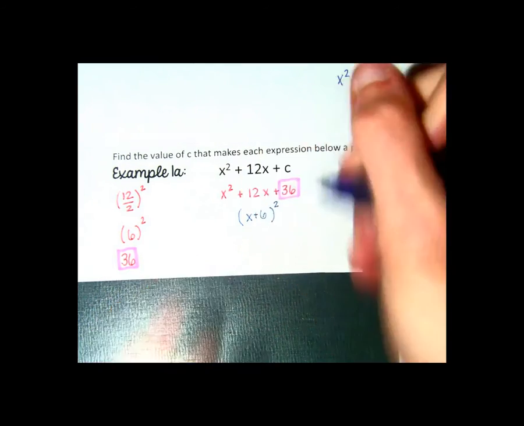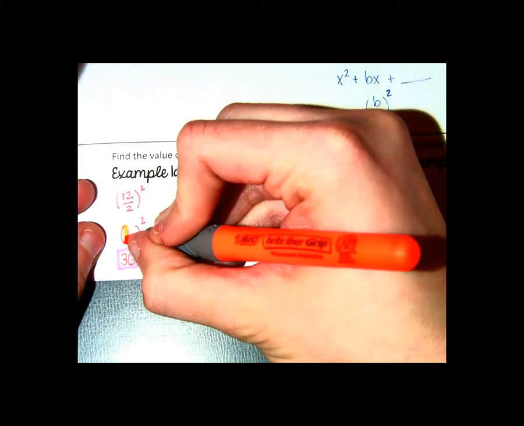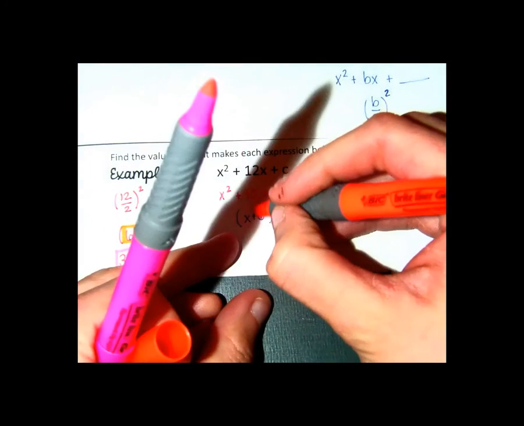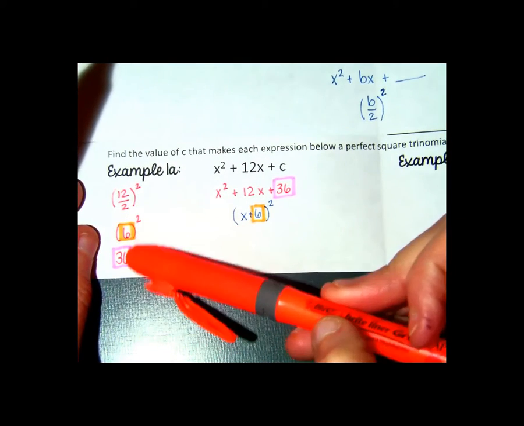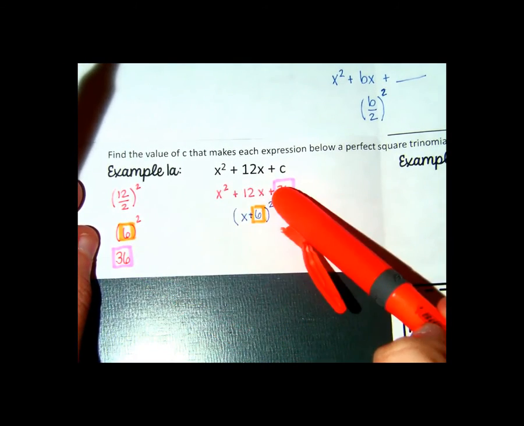Six. If you're confused about where that came from, it's the middle divided by 2. I'm finished then. I find half the middle number, square it, write the trinomial, then I write the perfect square binomial. Do 1b.